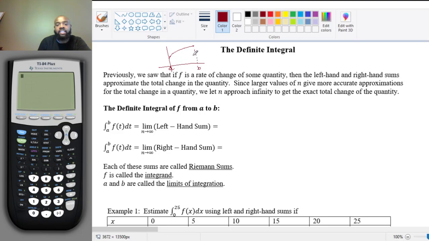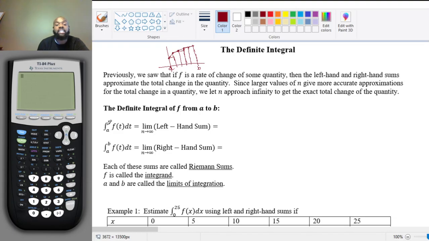And we wanted to calculate this area. And so we could use our left-hand sums to get over certain intervals. And that would give us the approximate area, right? For a picture that looks like that. And so this a and b are the endpoints of that interval, right?